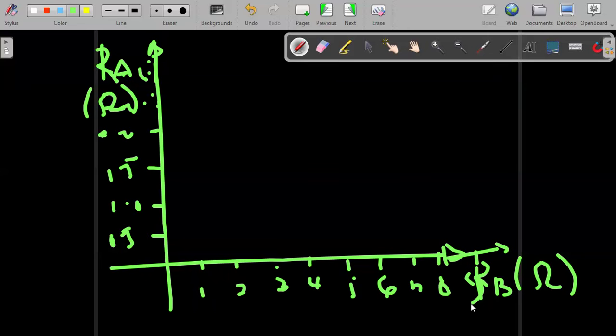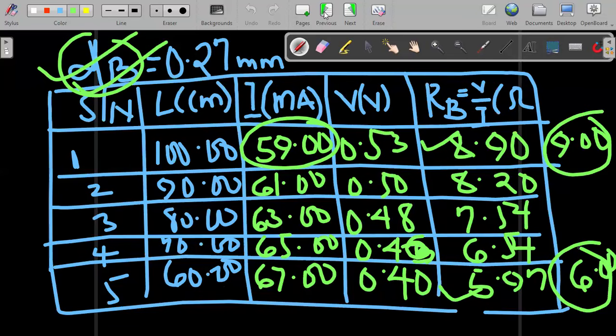For the vertical is 0.05, for the horizontal is 0.1. Okay, so start plotting the points now. Start plotting the points of arrow A and arrow B.